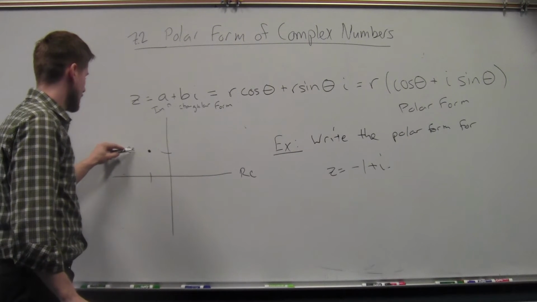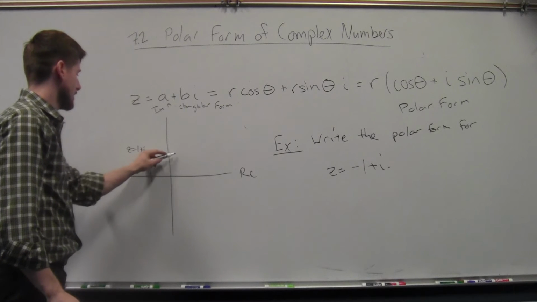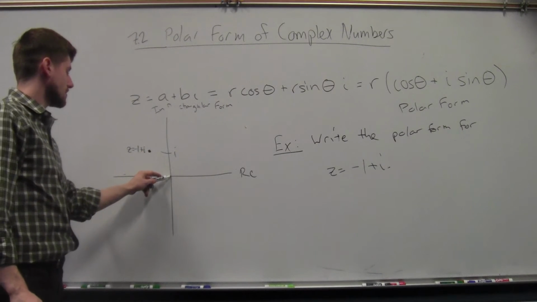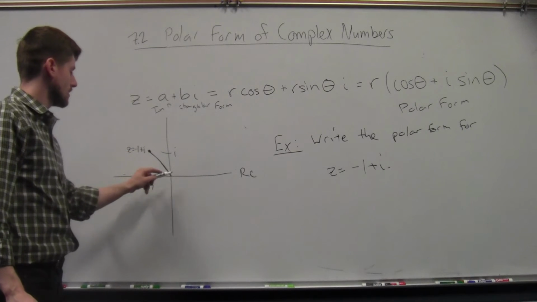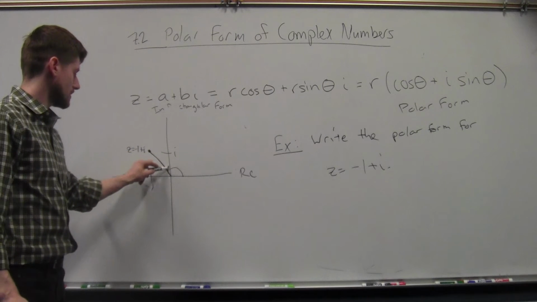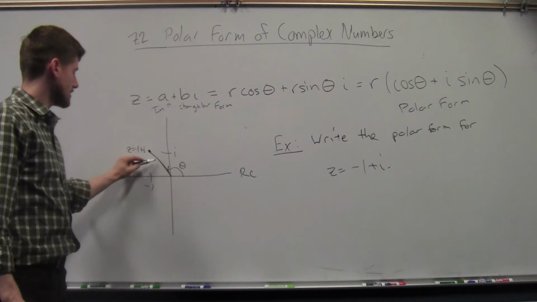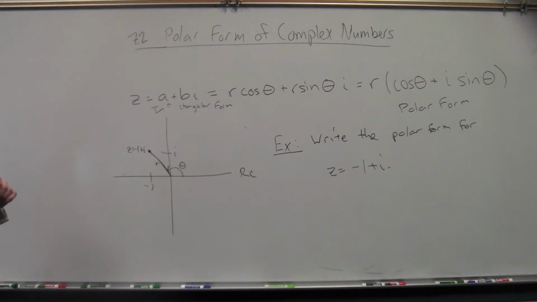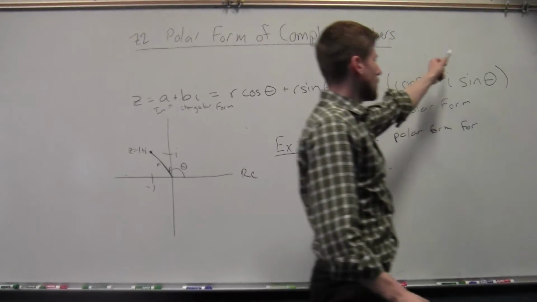Here's z equals -1 plus i. It's 1 unit up, 1 unit to the left. So I need to find first the angle. So the angle would be this angle, theta, and the distance, which is r, to determine what this form would look like.